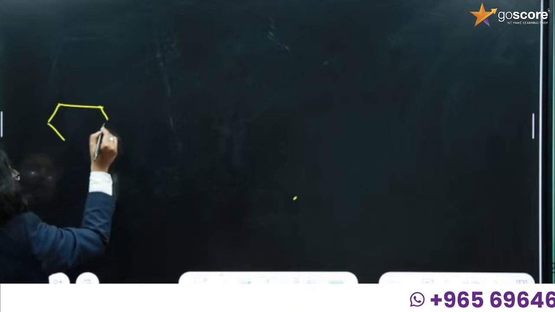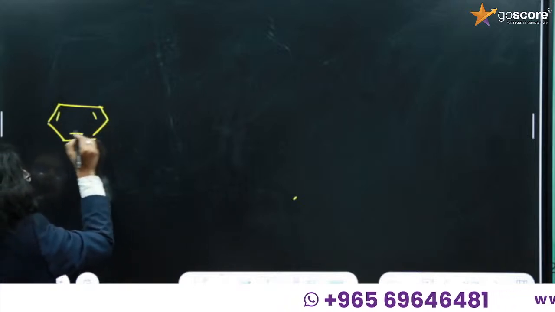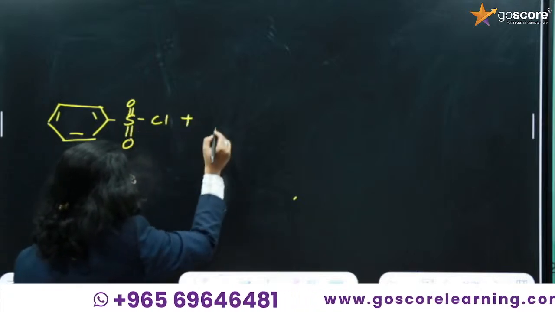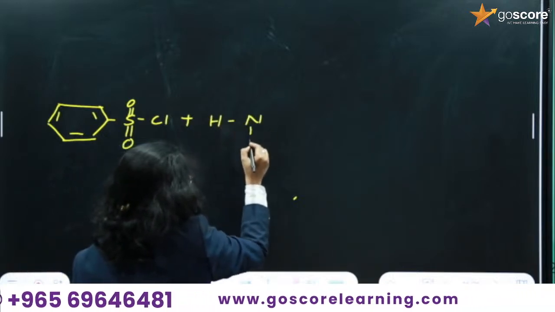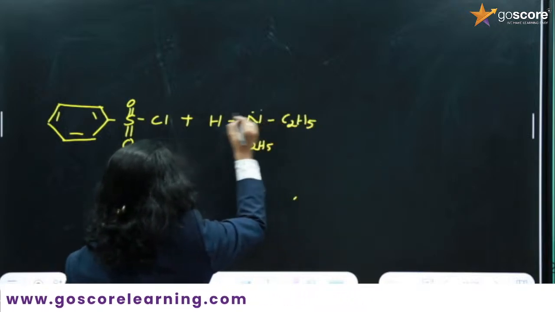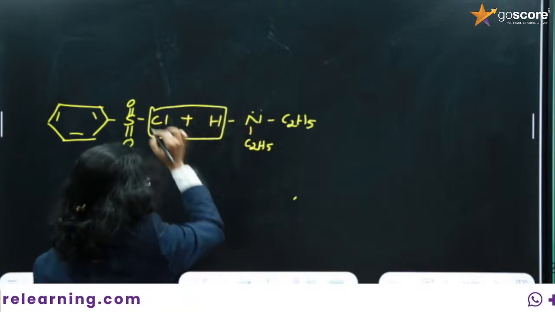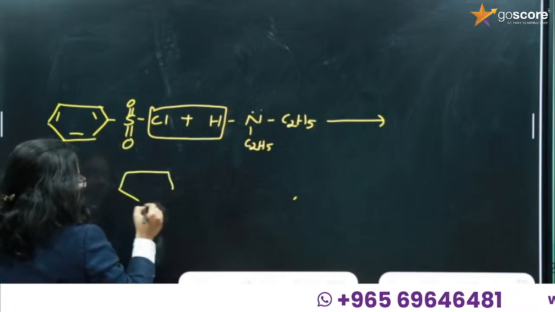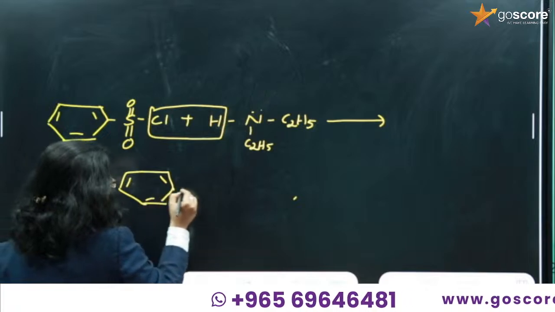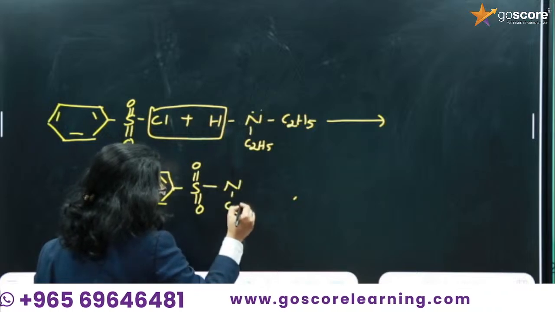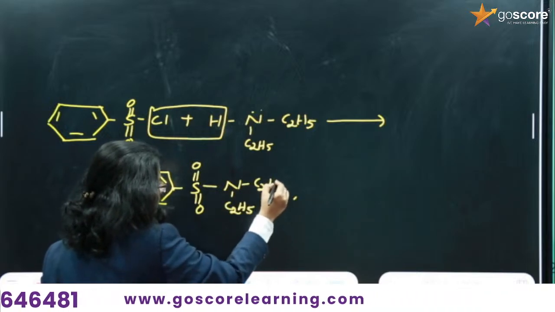If you are treating benzene sulfonyl chloride with secondary amine, that is C2H5, eliminate the HCl, then you will get S double bond O N C2H5 C2H5.